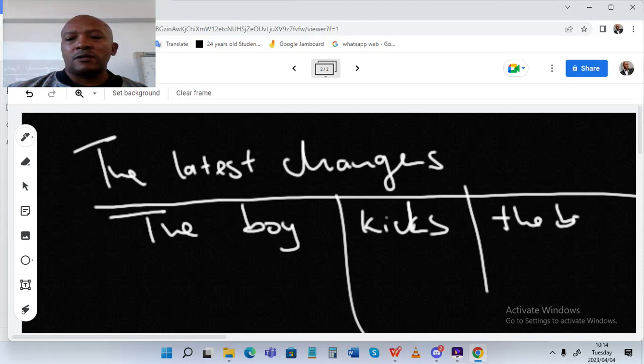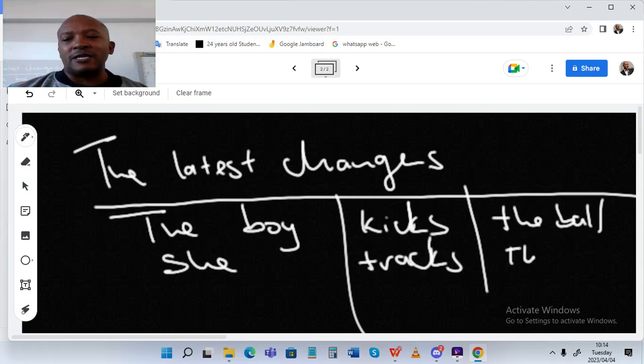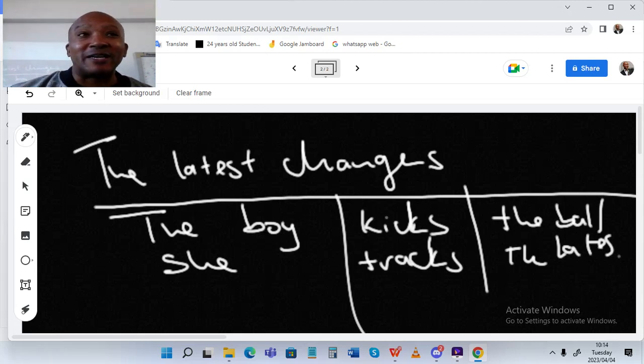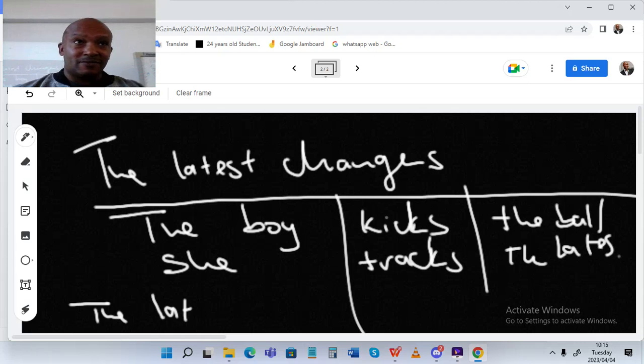The ball, we are saying she tracks what? The latest changes. Got it? Now, when we rewrote, we said the ball is kicked by the boy. Now we are saying the latest changes.